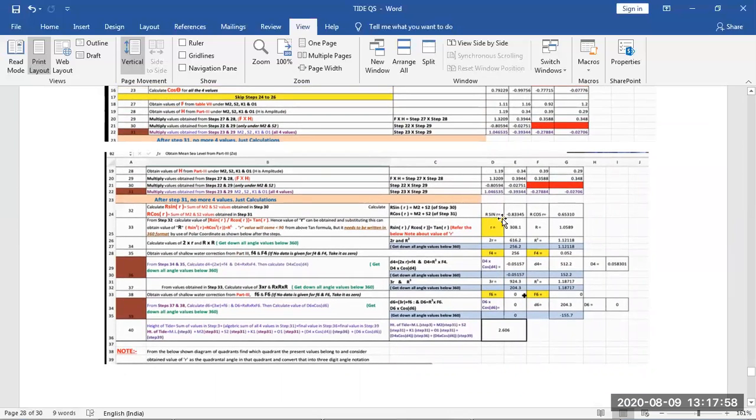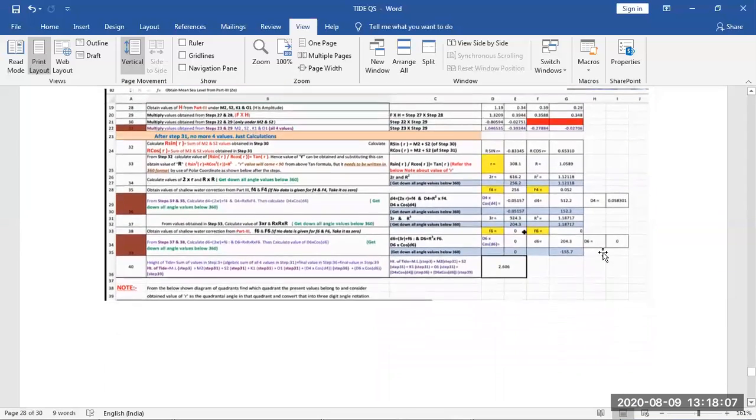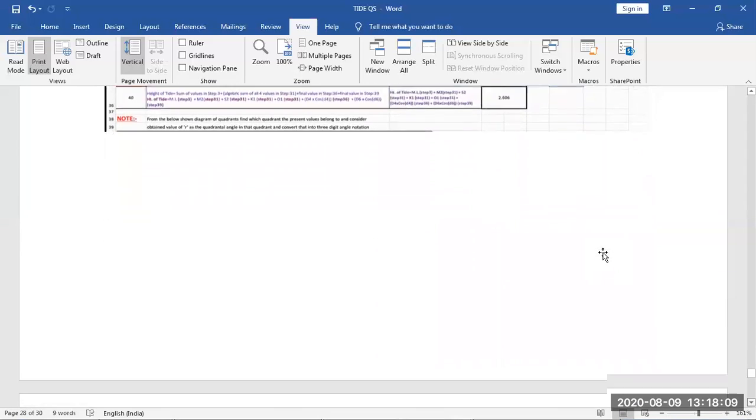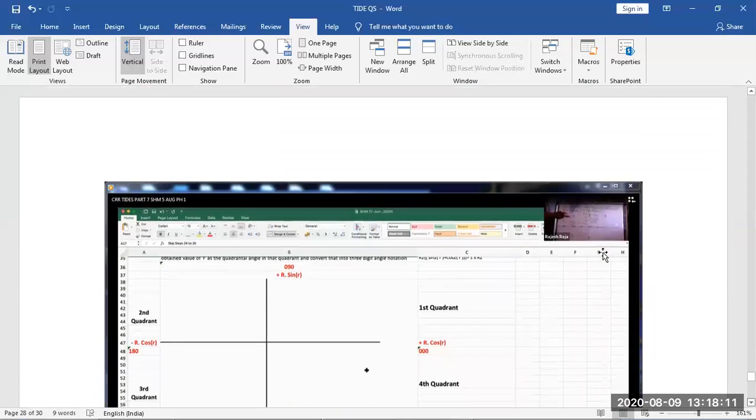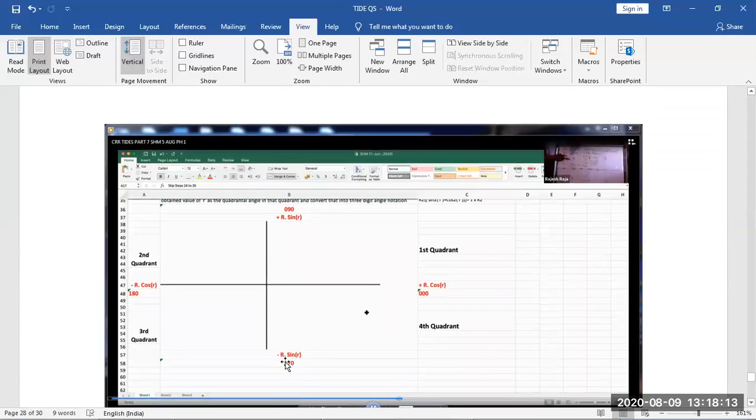We can see R sine r is minus and R cos r is plus. So by dividing them and taking the tan inverse, you get 52. We put 52 here, then measure from 000 anti-clockwise from 360, and we get r as 308.